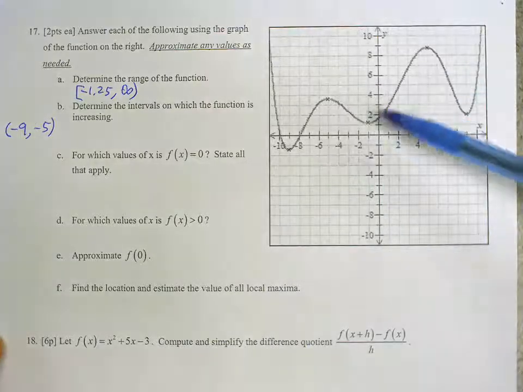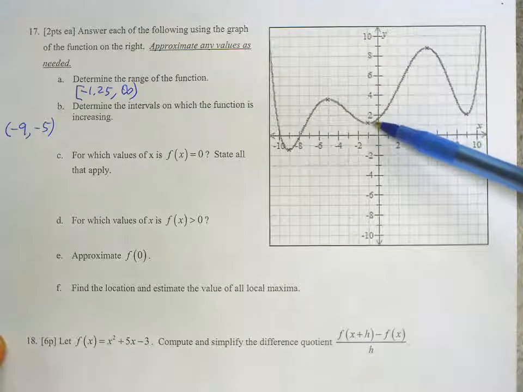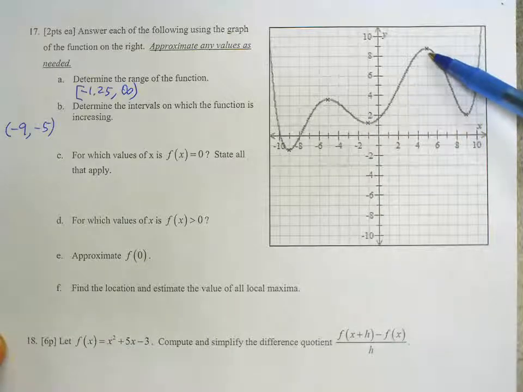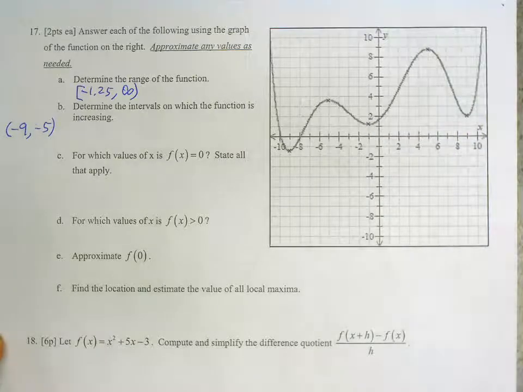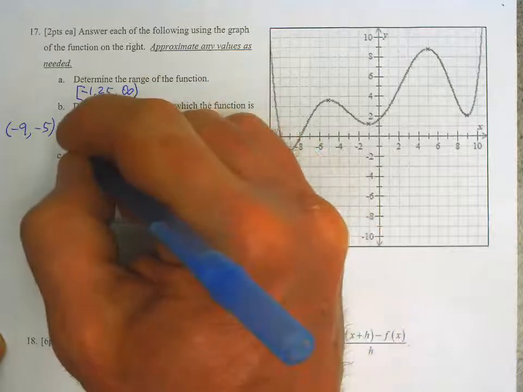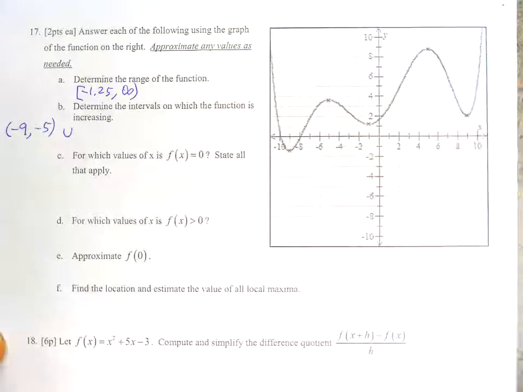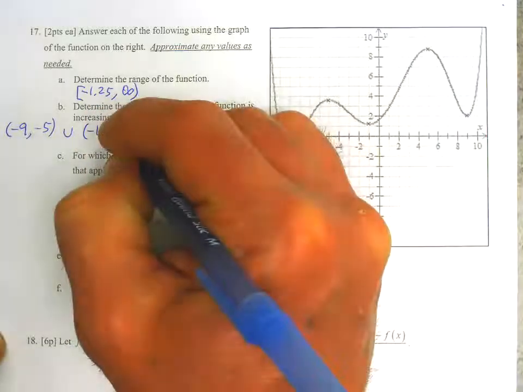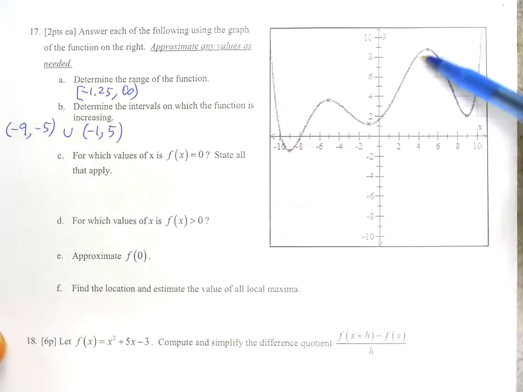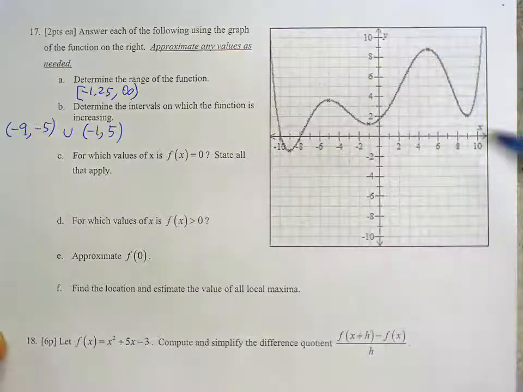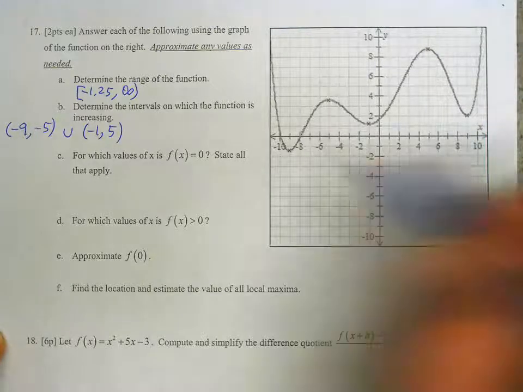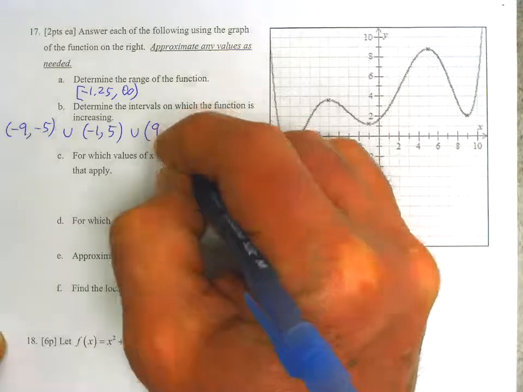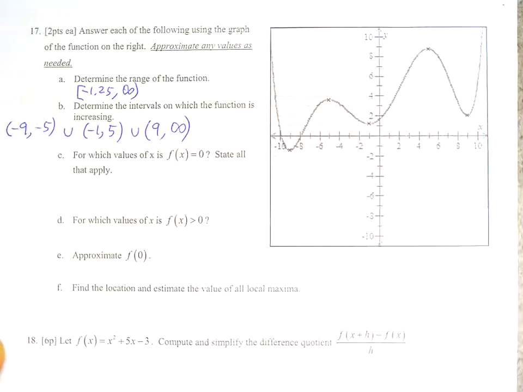Then it's increasing on this interval from -1 to 5. You can put a union symbol, but probably if you just put a comma, you'll get away with that. But anyway, from -1 to 5, the function is going uphill again. And then from 9 to infinity, it's increasing again.